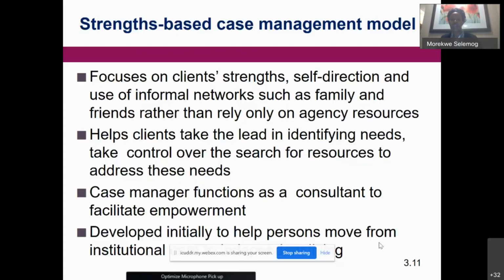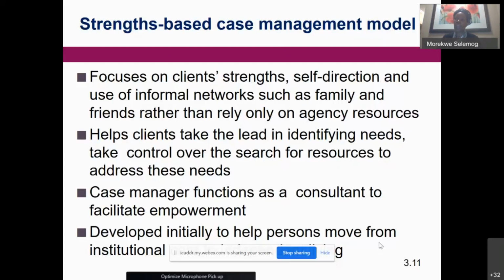An example of helping clients take the lead, using vocational skills: if a client wants to go back to school, you help them with websites, but they go into the websites and get the information themselves. That is how you help the client get the resources, as compared to the brokerage.